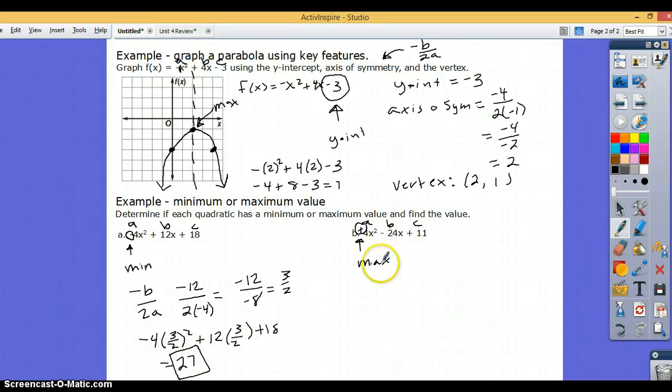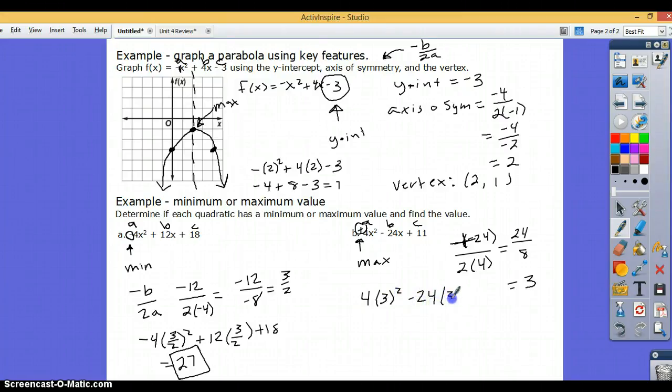So over here, we know it has a minimum. That's negative b, or negative of a negative 24, over 2 times 4. That becomes positive, so it's positive 24 over 2 times 4, which is 8. Well, 24 divided by 8 is 3. So we're going to take 3 and put it in for x. So 4 times 3 squared minus 24 times 3 plus 11.